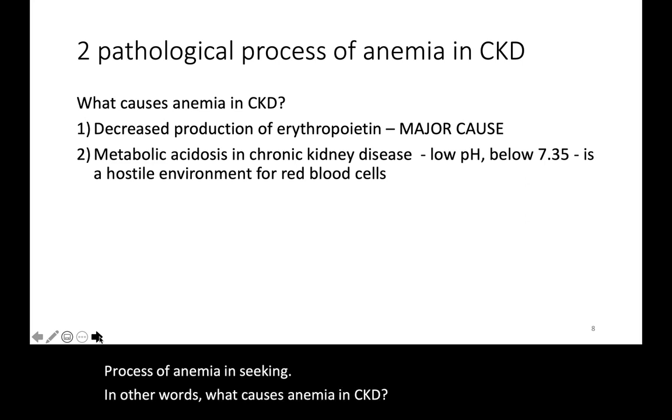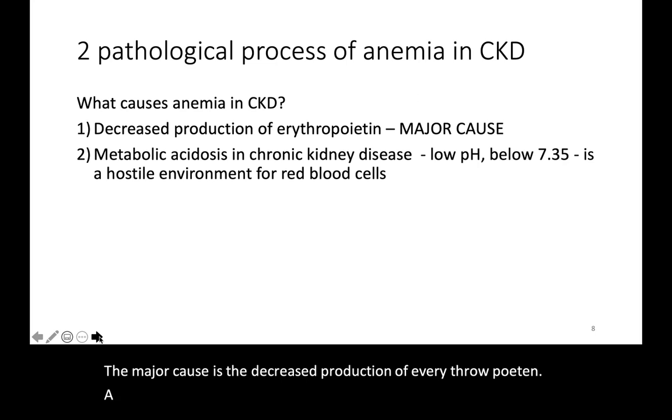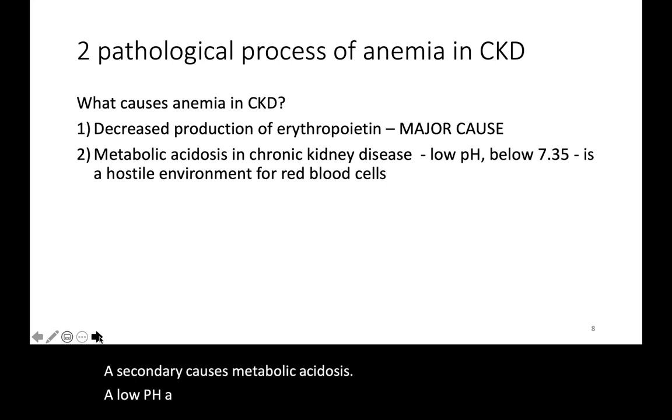The major cause is the decreased production of erythropoietin. A secondary cause is metabolic acidosis. A low pH, a pH below 7.35, is a hostile environment for the red blood cells.